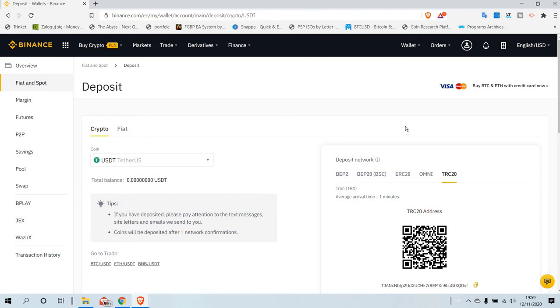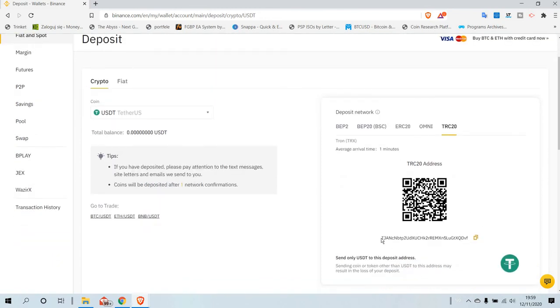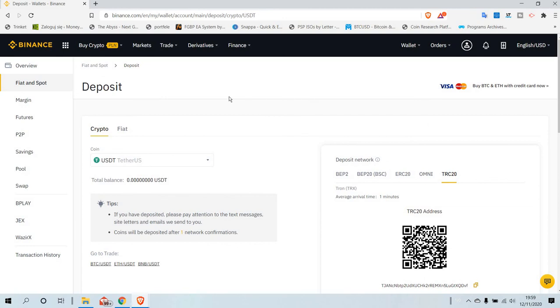So always remember to check which address you are sending it to. Here is the address, because different exchanges operate on different blockchains, and that's very important to look out for, because when you send, for example, ERC20 to TRC20, your assets are going to be lost forever. That's very important to look at.